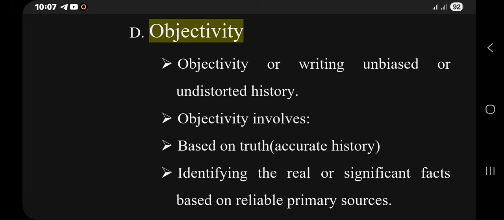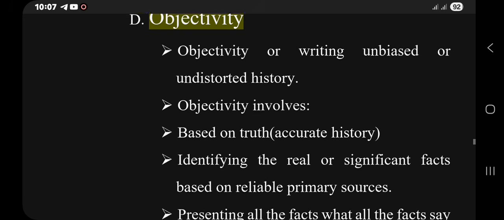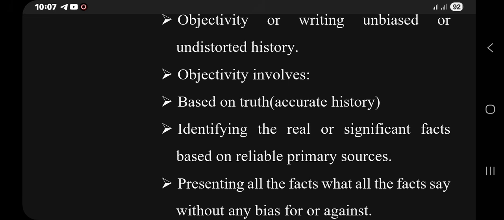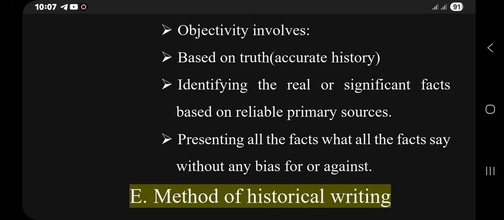It involves, first, being based on truth and accurate history, identifying the real or significant facts based on evidence and reliable primary sources. So, presenting all the facts, what all the facts say, without any bias for or against is known as objectivity.